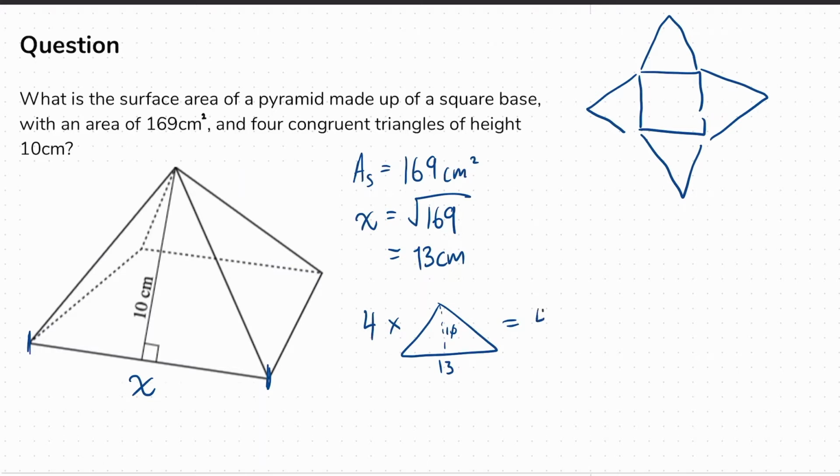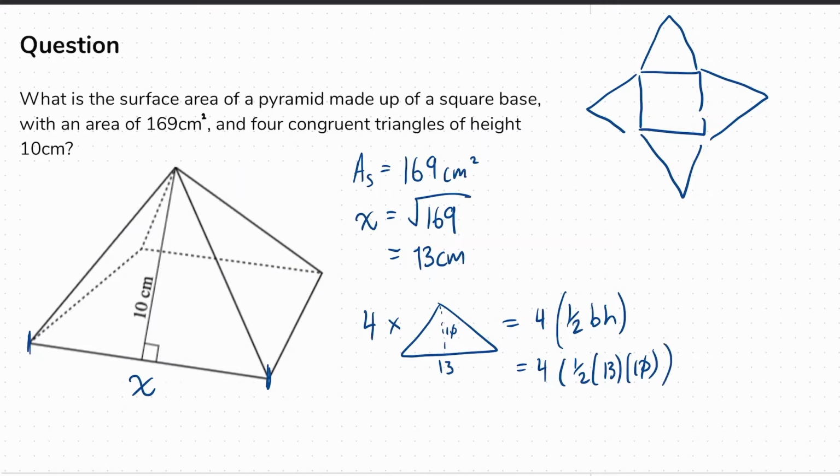So what's that? That's 4 times half base times height. Half times 13 times 10. I'm not going to do half times 13, I'm going to do half times 10.